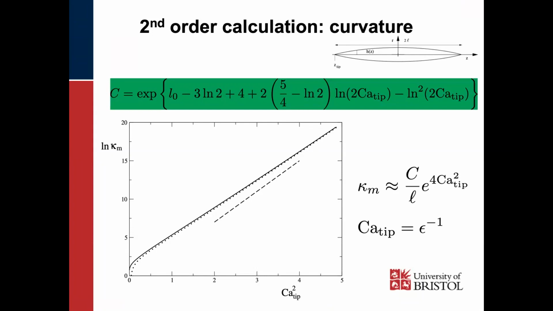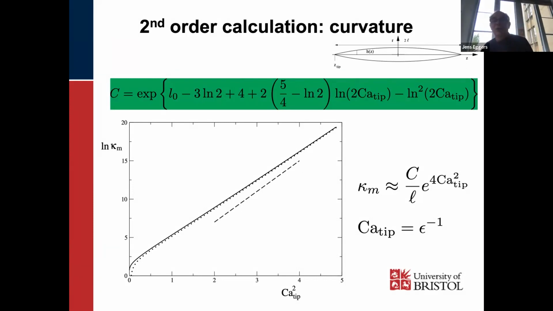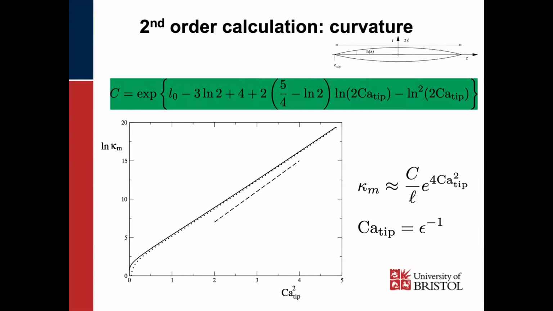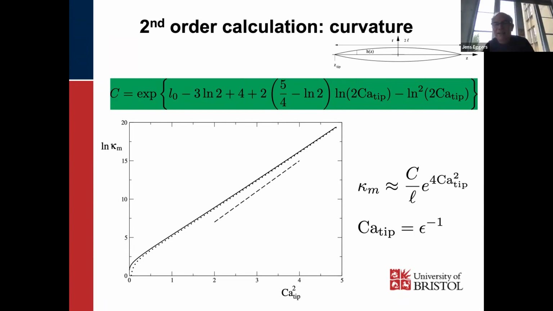In terms of the curvature, you don't see that at leading order, but at next order, essentially, you see a coupling between different regions of the interface, and that's the reason why these extra logarithmic terms are coming in.